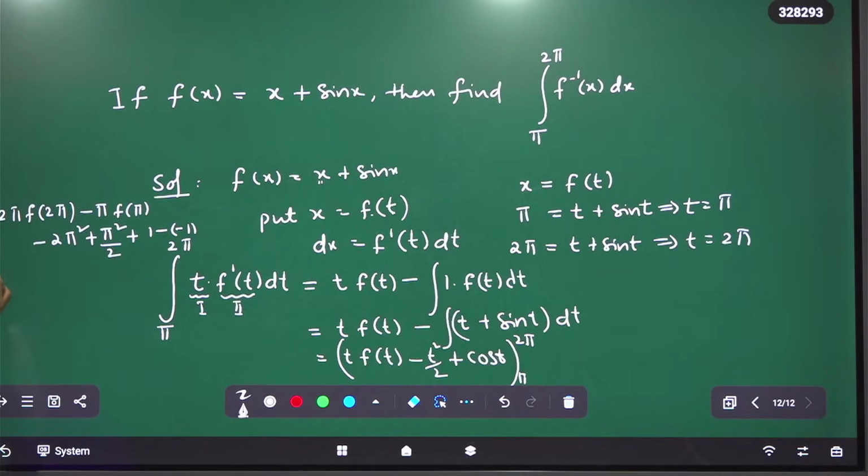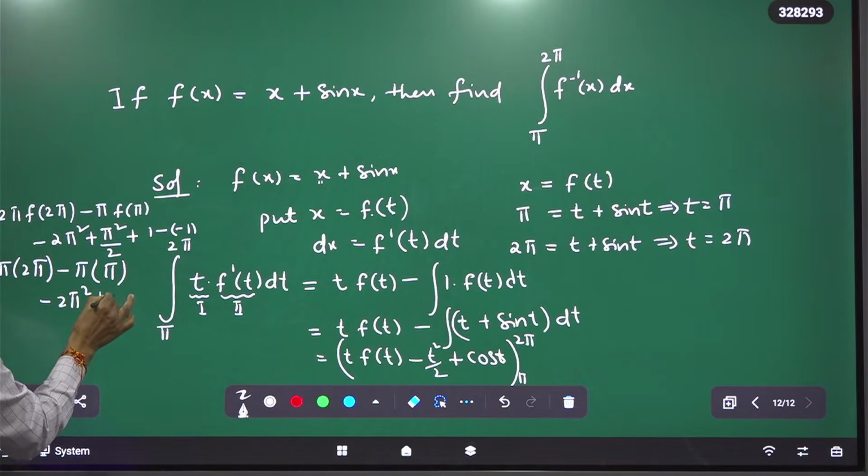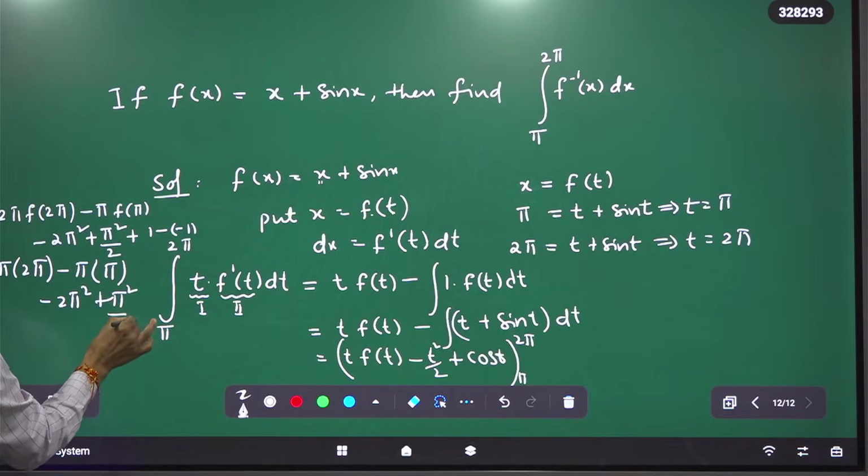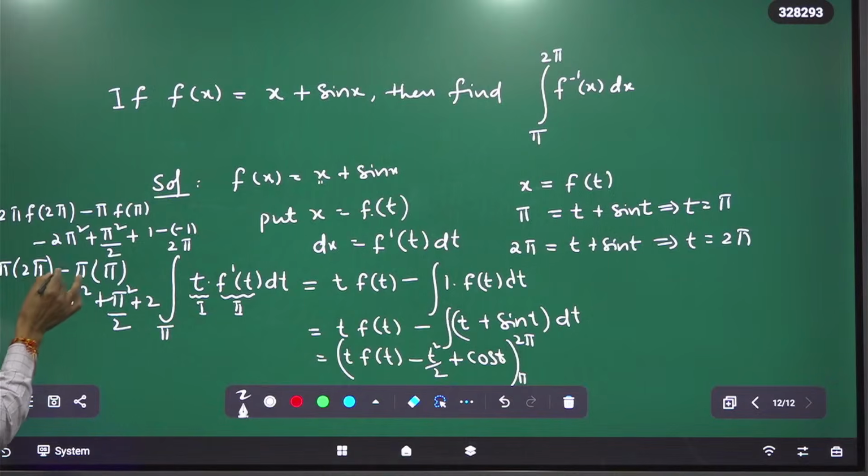Therefore it becomes 2 pi into 2 pi minus pi into pi, then minus 2 pi square plus pi square by 2 plus 2. This is 4 pi square minus 3 pi square, so pi square plus pi square by 2 becomes 3 pi square by 2, plus 2.